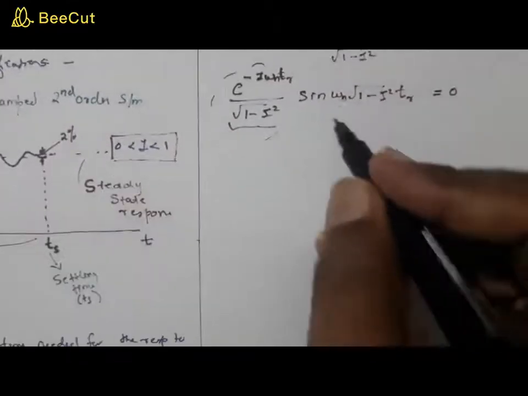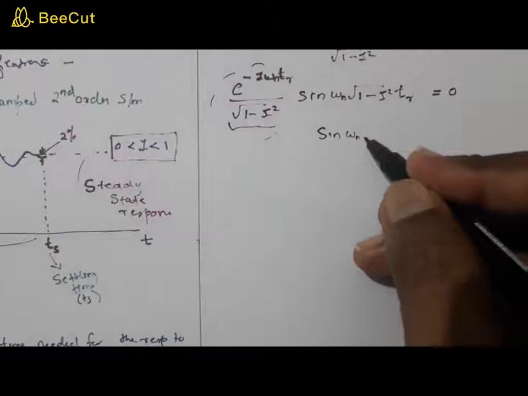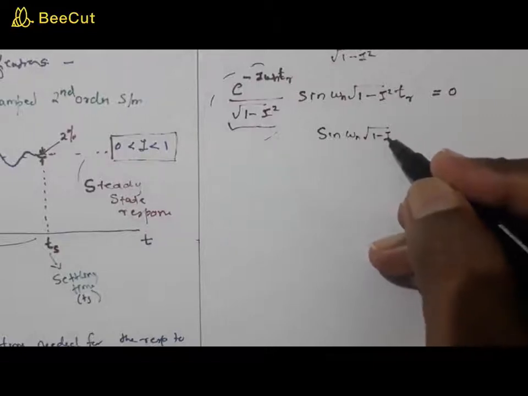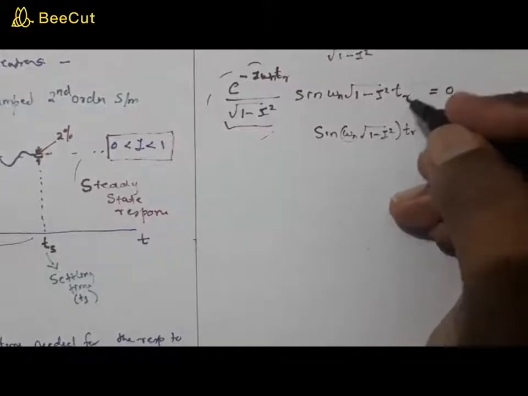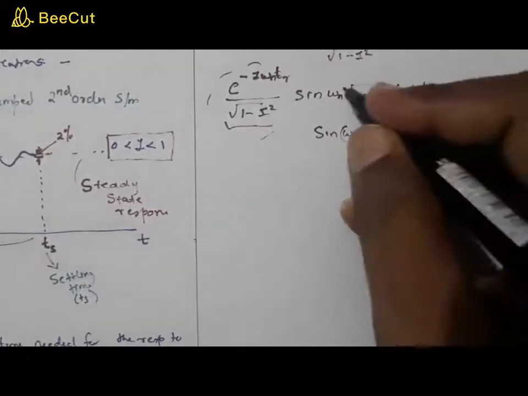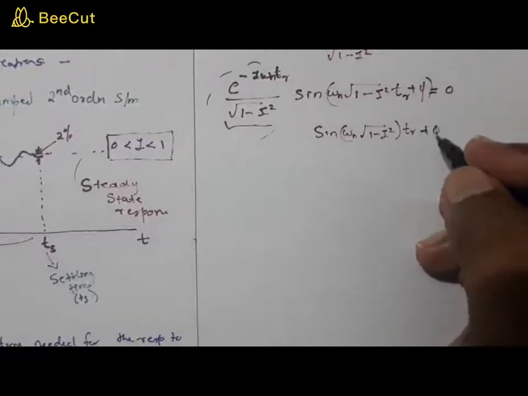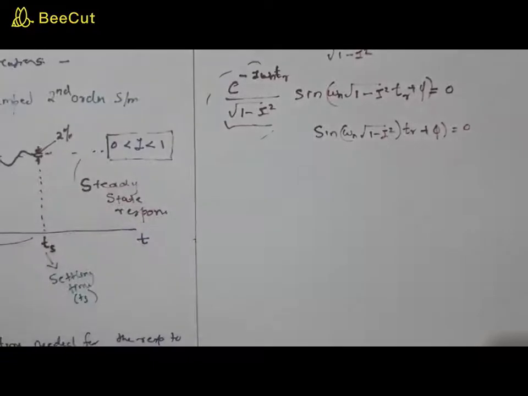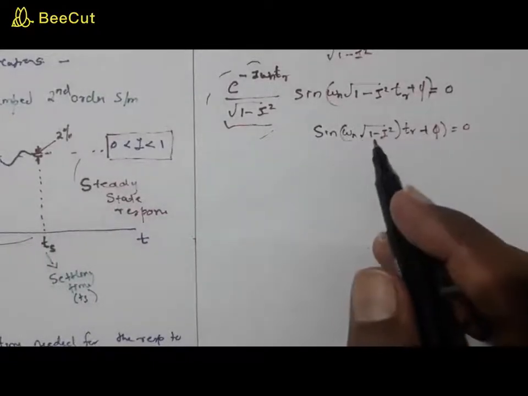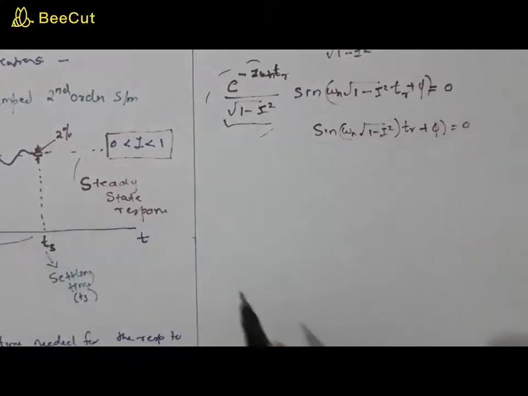So the only chance is that sine of omega n into root of 1 minus theta square into TR plus phi is equal to 0.